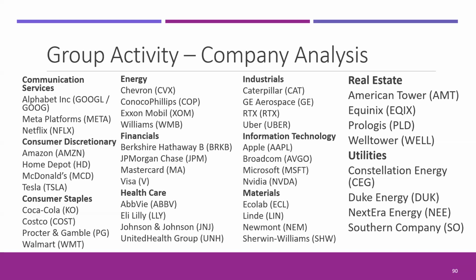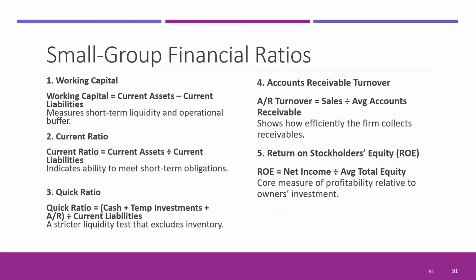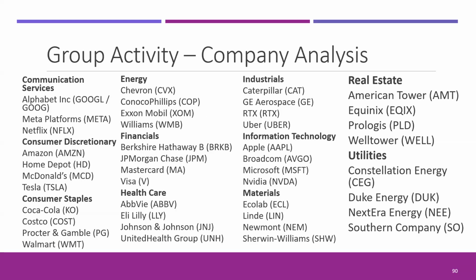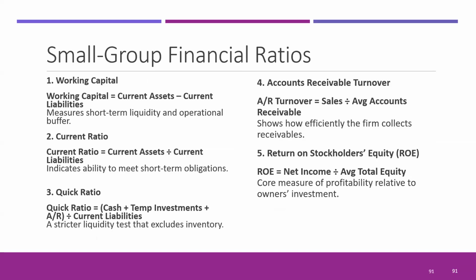Okay, so you guys can pick any one of these, and we're going to look up these metrics here. So just decide on two companies in your row. If you have a large row of people, you can choose more. Look up the financial statements and compute these metrics. And then we'll take about 5 minutes to do that, and then we can discuss.